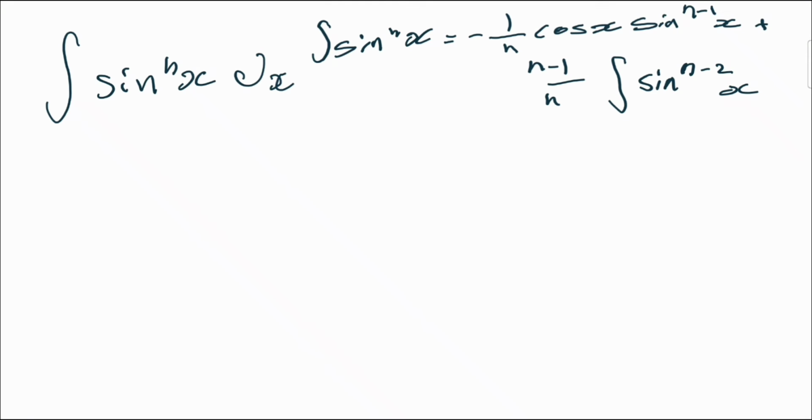Okay, so this is going to be the integral reduction formula for this equation, as this is in terms of sine of x. So we're going to have to use this thing right here.